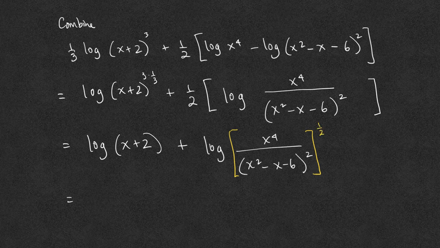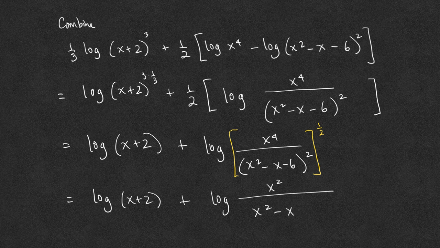And so this is log of x plus 2 plus log of x squared, because we distribute the 1/2 to the numerator and we also distribute the 1/2 to the denominator, x squared minus x minus 6. The 2 and the 1/2 cancel out.